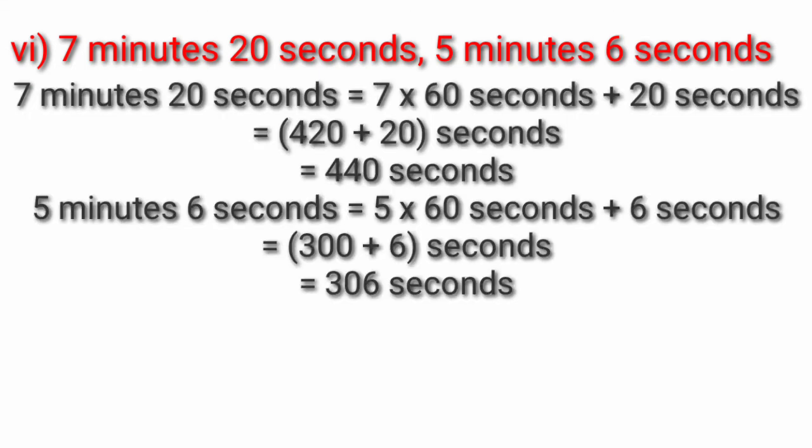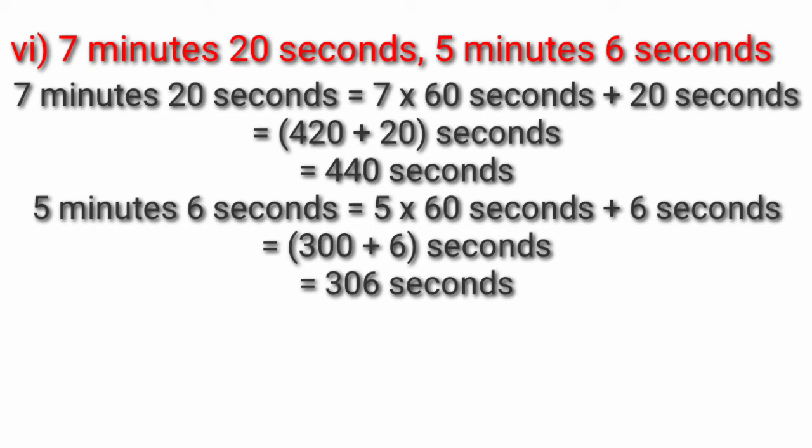Sixth, 7 minutes 20 seconds, 5 minutes 6 seconds. Firstly, we will convert minutes into seconds. So 7 minutes 20 seconds is equal to 7 multiplied by 60 seconds plus 20 seconds, which is 420 plus 20 seconds, equal to 440 seconds.